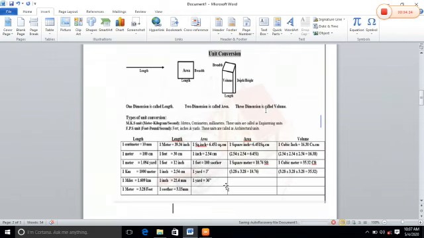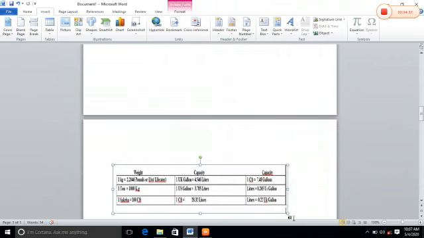Please note all these units. For weight, 1 kg is equal to 2.2046 pounds, and for capacity we use the gallon. 1 UK gallon is equal to 4.546 liters.